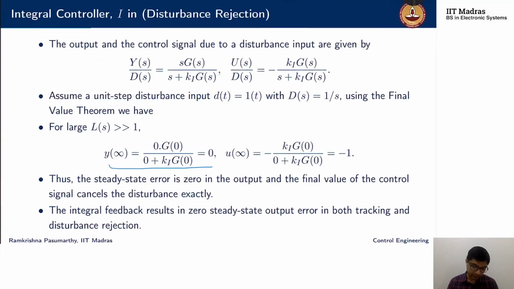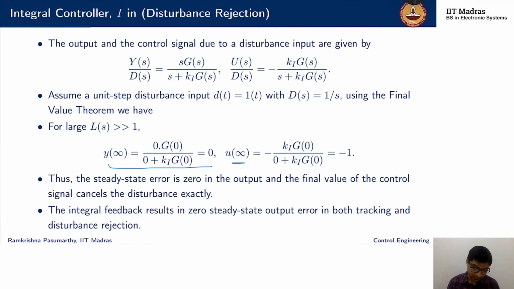Similarly, I can see that u at infinity now becomes negative 1. I'll skip these steps, but they are very similar to what we just did. So the steady state error is 0, and the final value of the control cancels the disturbance exactly.